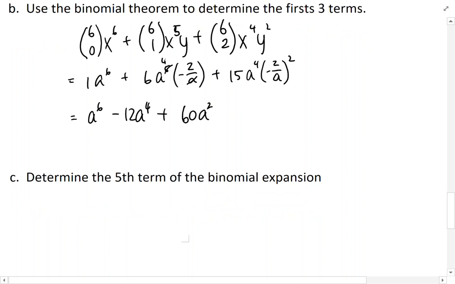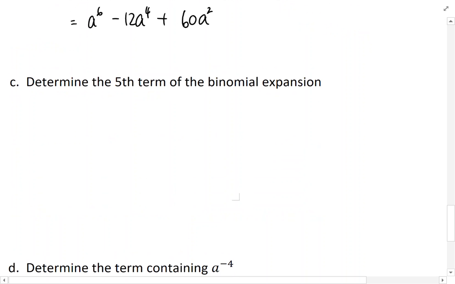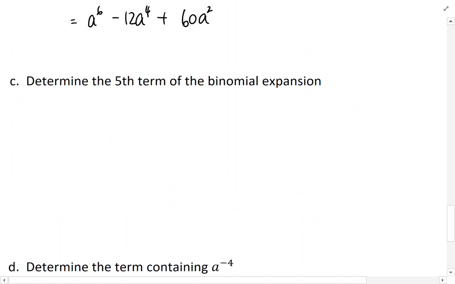All right, next one. We're going to determine the 5th term of the binomial expansion. So this is where we use that formula: t_(k plus 1) equals nCk x^(n minus k) y^k, right? And we're looking at the 5th term, so t5, which means we're still looking at that same degree 6 binomial from above.